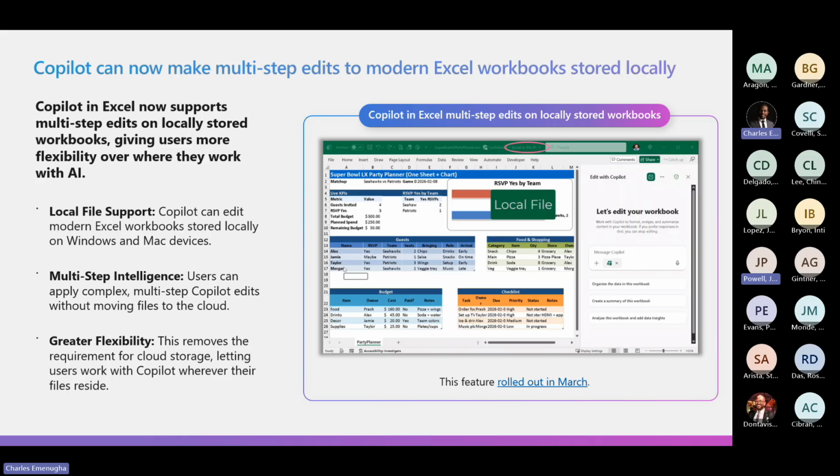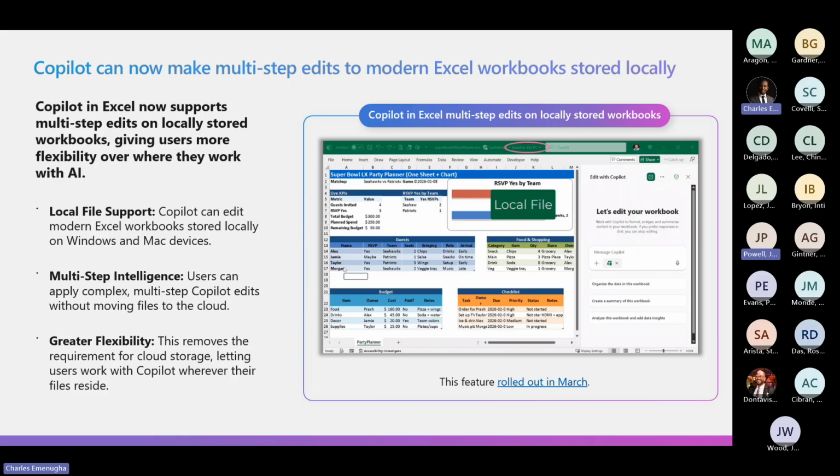Now, we rolled out this feature in March, and we've ensured that Copilot in Excel is now much more inclusive of real world working patterns. Let me play a short video that also shows how this works.